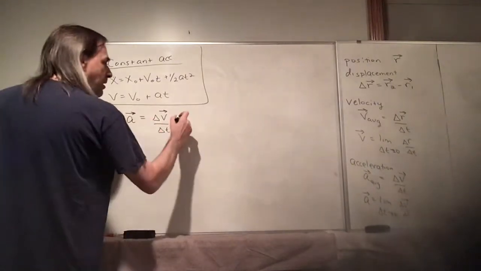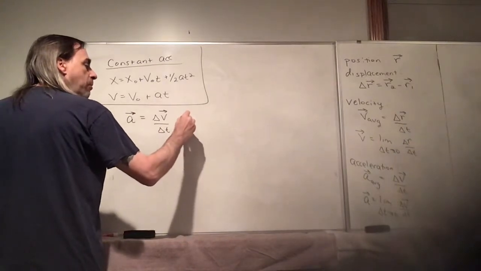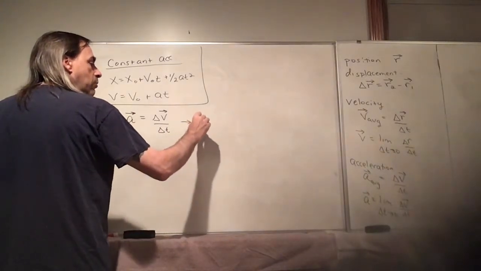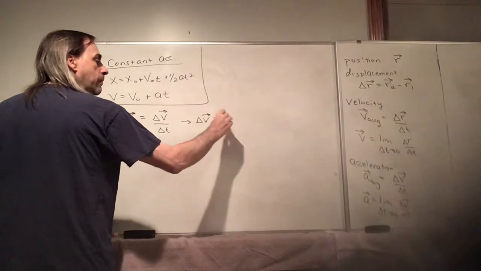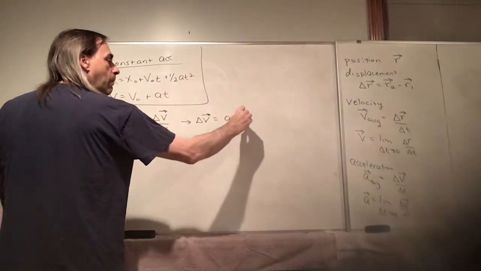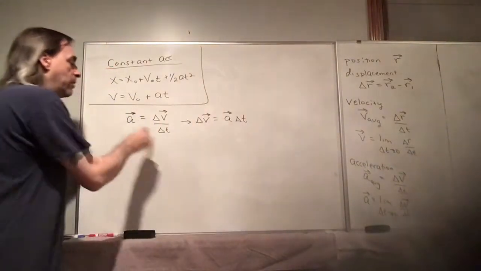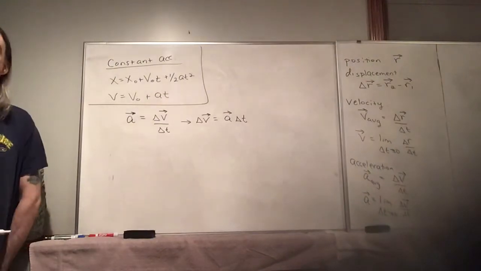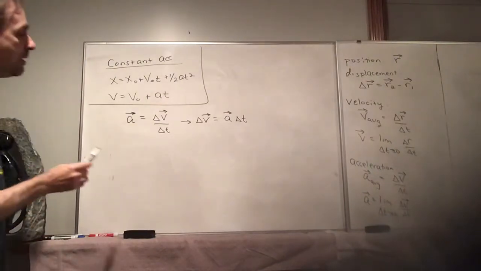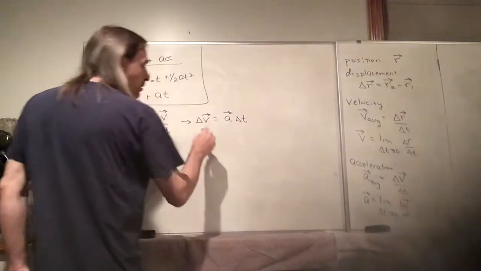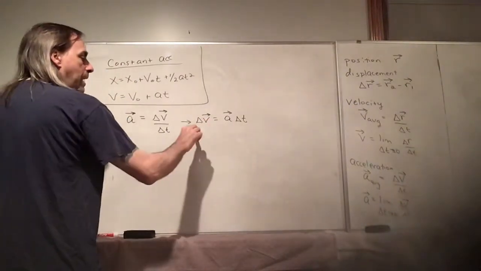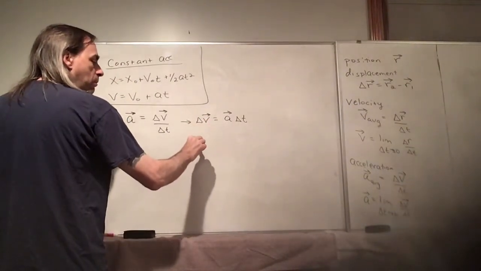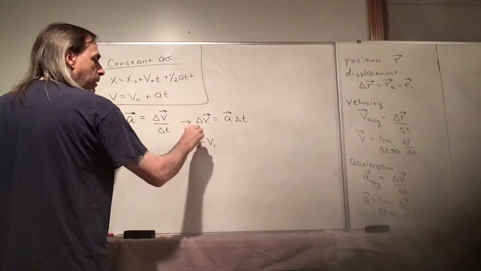And we're basically going to follow what we did before. Let's multiply by delta T and move it around a little bit. So delta V is equal to A delta T. And delta V, that's a change in velocity. So V2 minus V1.